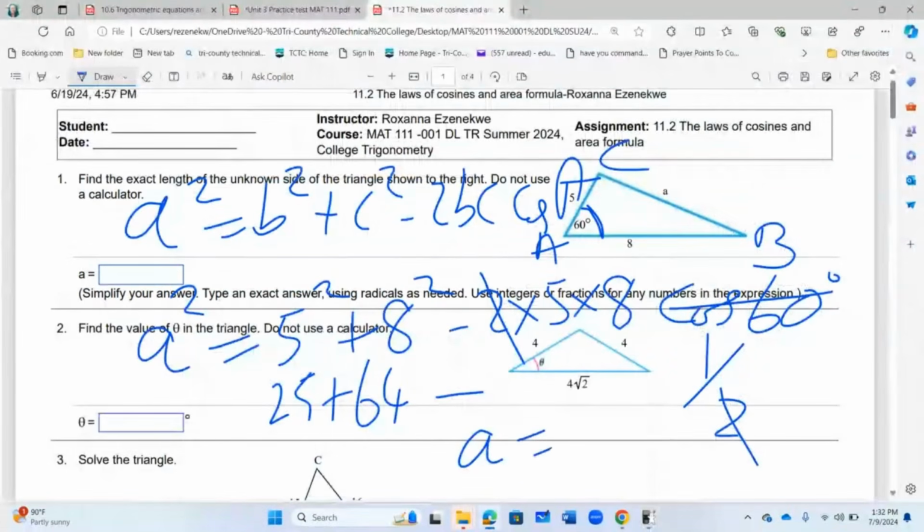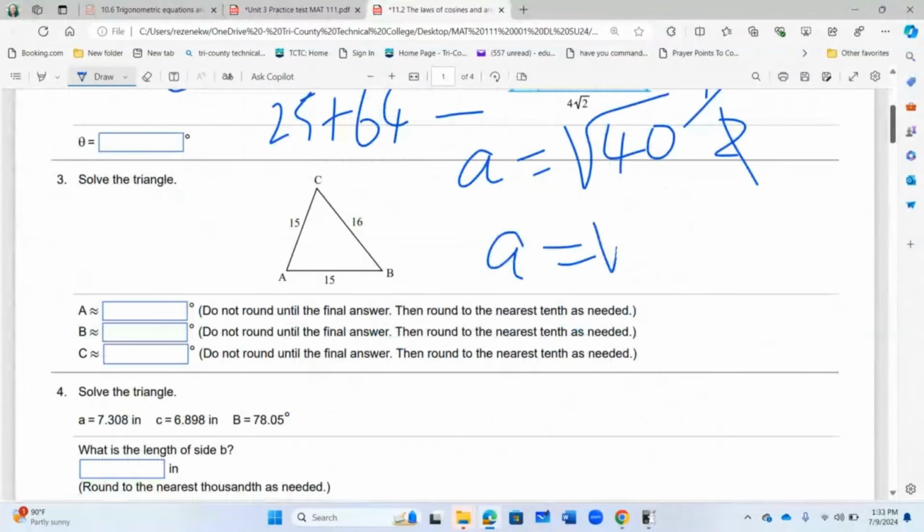A is equal to the square root of 40. It's not plus or minus, because I cannot get a negative. So the square root of 40 is 4 times 10. And they told me to leave my answer in exact form. I can't forget that. So A is equal to the square root of 4 times 10. They said there should be no decimal.